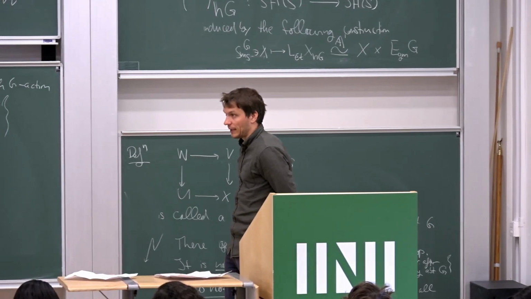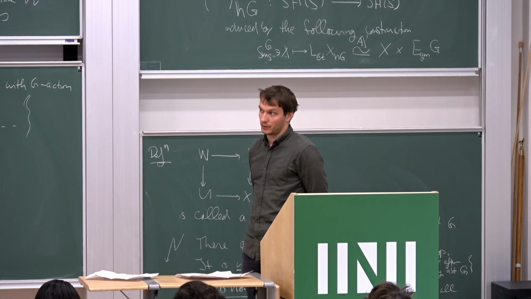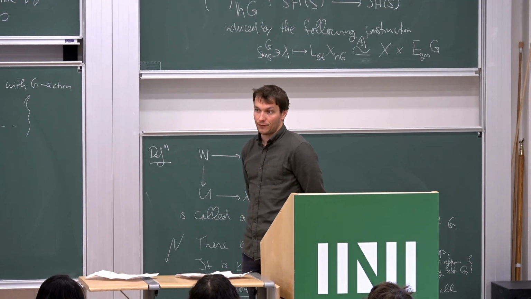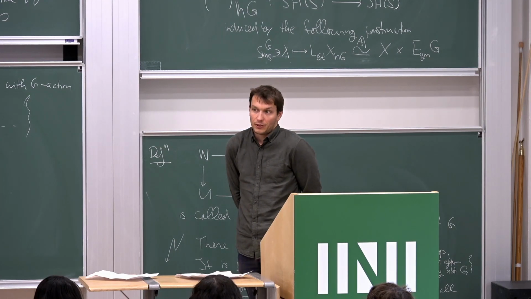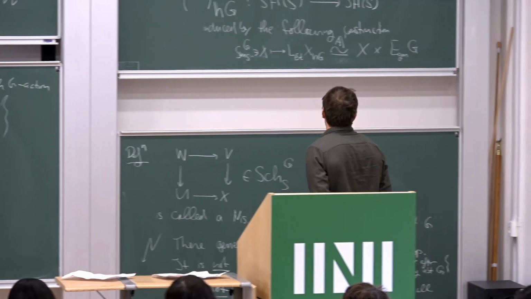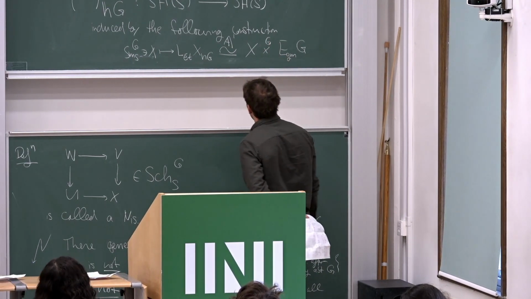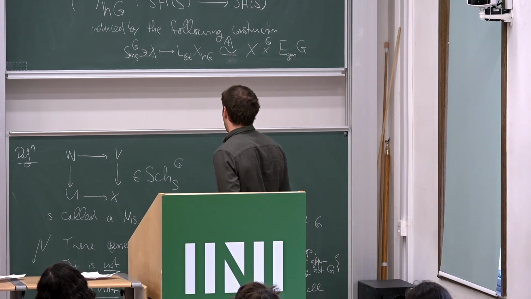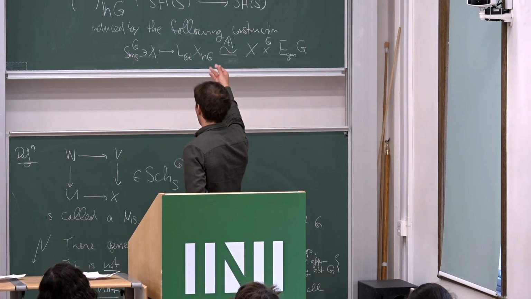In other words, this is an ind-scheme which looks like it should be contractible and has a free G action. For example, if you take G equals C2, then you take A infinity minus the origin. That's like an infinite sphere. It should be contractible, and of course it has a free C2 action. And then I'm just going to mod out by the residual action. So it's exactly how you learn, in old school topology, how to do homotopy orbits.